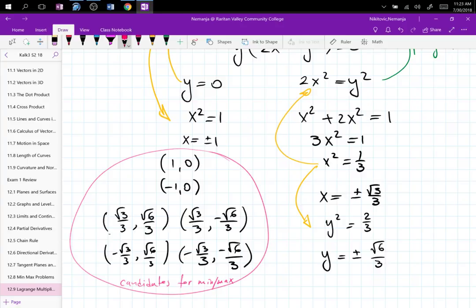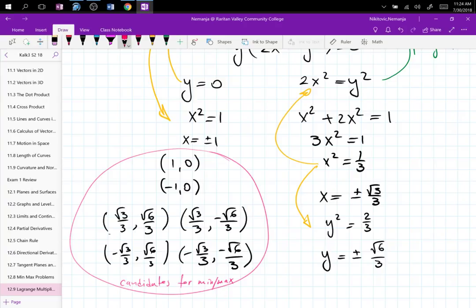Please make sure that you actually end the problem. I had to circle it red over here just to have them all 6 on a pile, but that's not the answer. The answer is I want to know which point is a max. So now you have 6 calculations to do, and you will be plugging these numbers in the f equation because z equals f of xy.